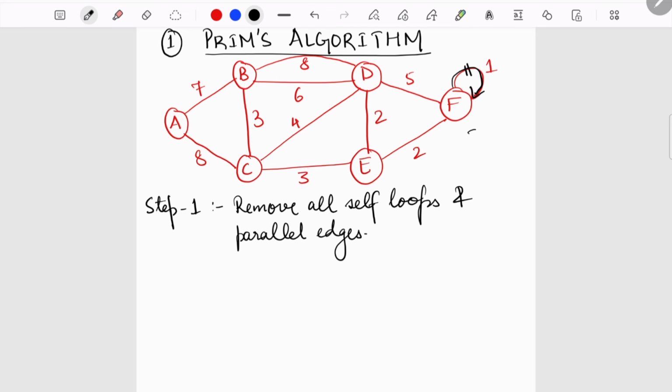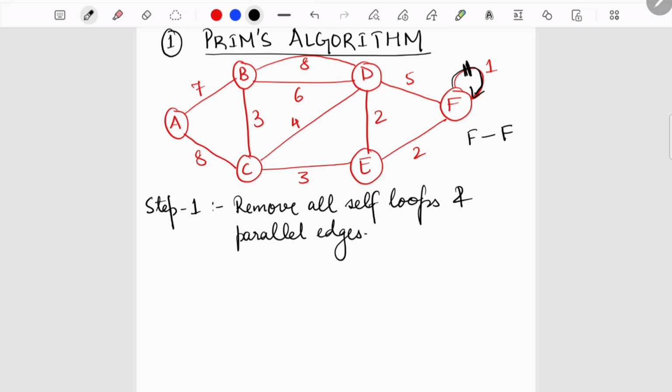It is connecting vertex F to itself. So such a type of edge is known as a self loop. So first of all, we have to remove this. While finding the minimum spanning tree, we should not consider this particular edge.